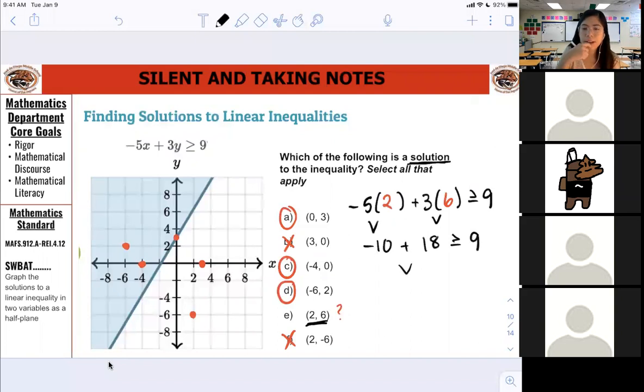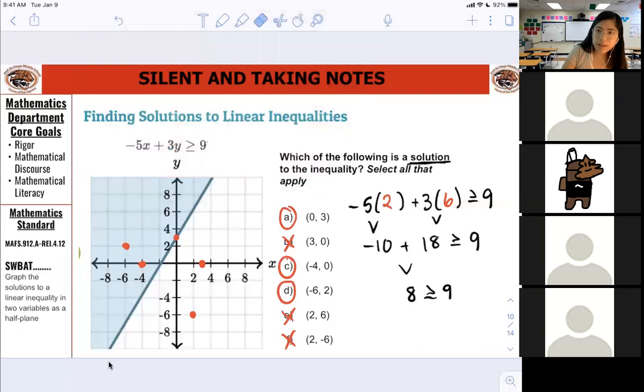What is -10 plus 18? +8, right? Is +8 greater than or equal to 9? No, so that one was actually out. So whoever was kind of sketched out by it, you were correct. That one was actually out.